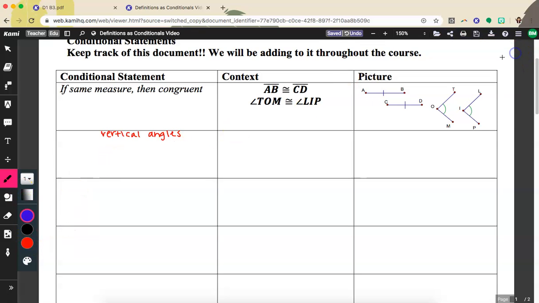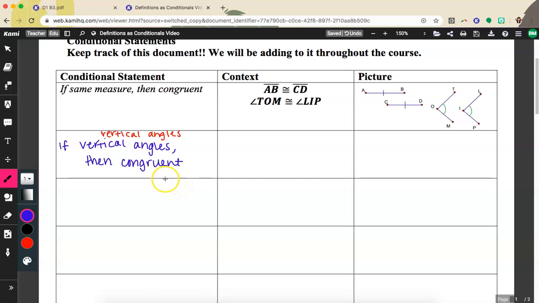And then our conditional statement. We're going to say, if vertical angles, then congruent.